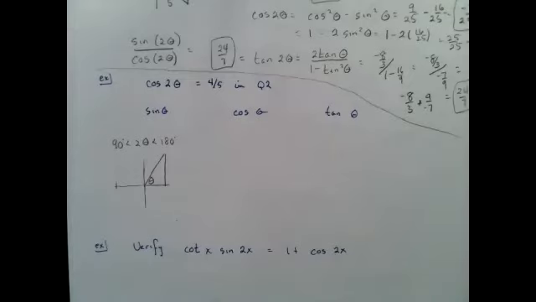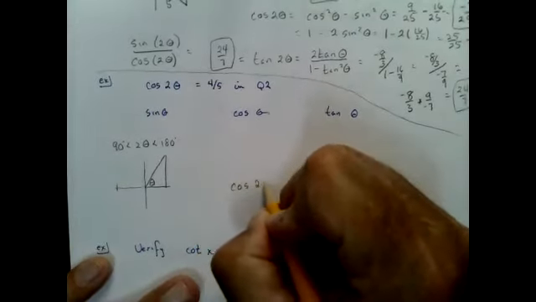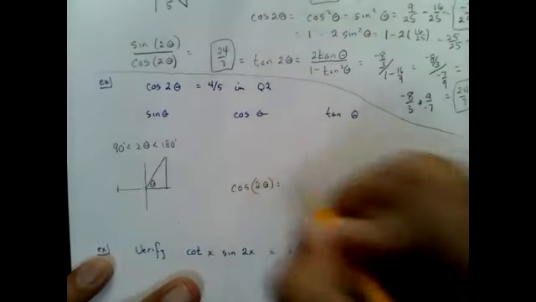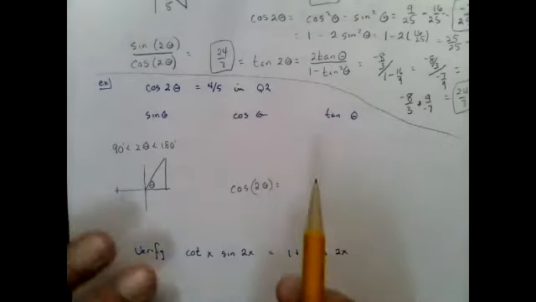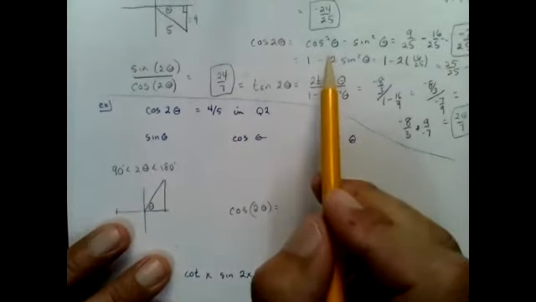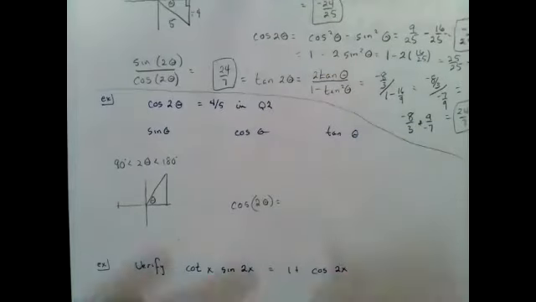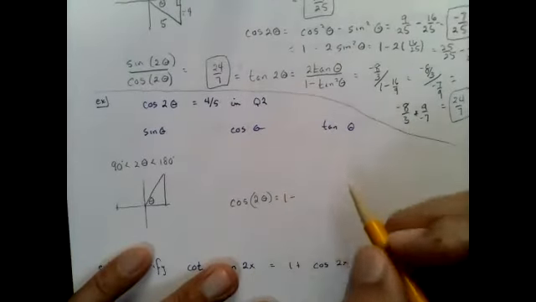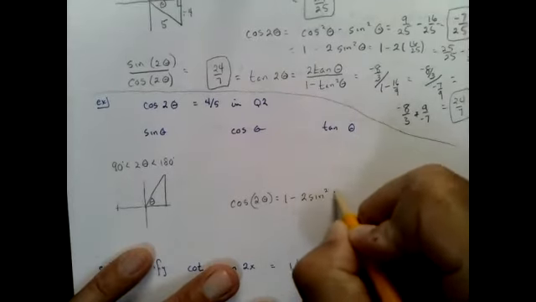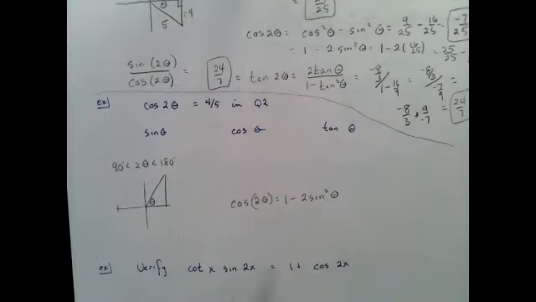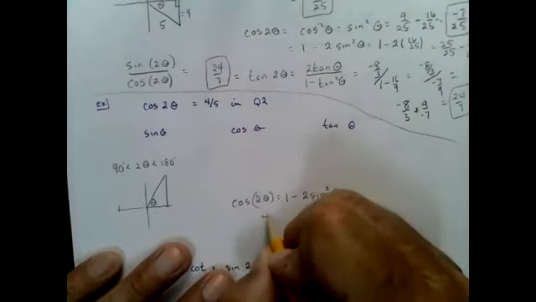I got an idea. Cosine of 2 theta equals what? Up here, I had a formula. Here's a formula: 1 minus 2 sine squared of theta. This equals 1 minus 2 sine squared of theta. Ah, but I know that the cosine of 2 theta is 4/5.